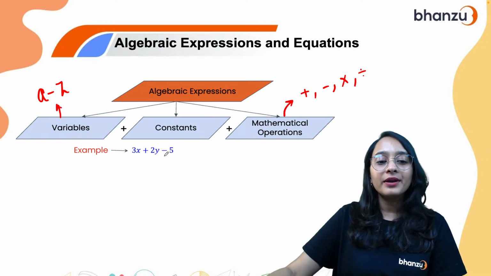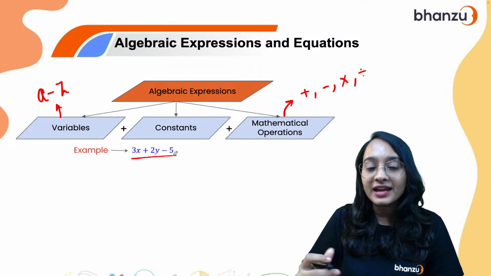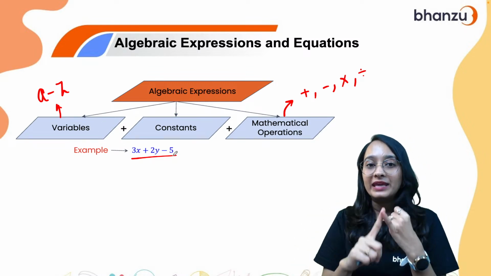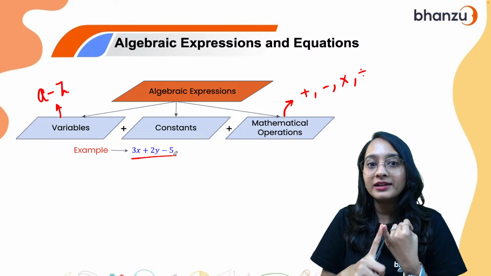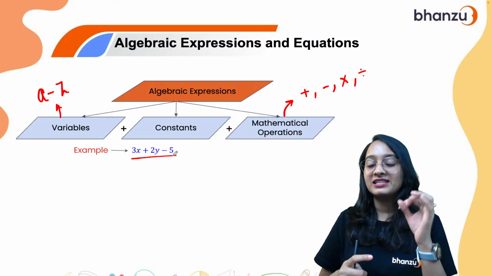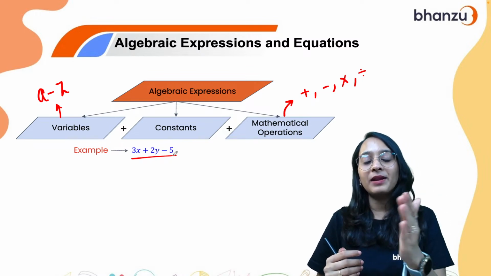Alright. So now here you can see 3x plus 2y minus 5 is an algebraic expression. Why? Because it has variables. What are the variables involved here? x and y. It has a constant, which is minus 5, and it has mathematical operators, plus and minus.